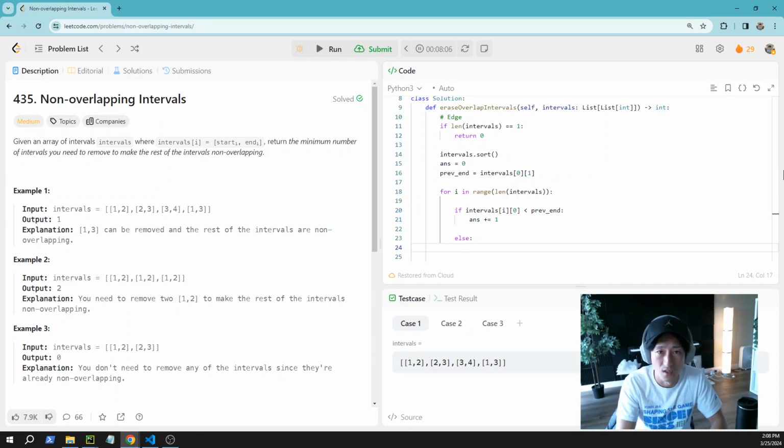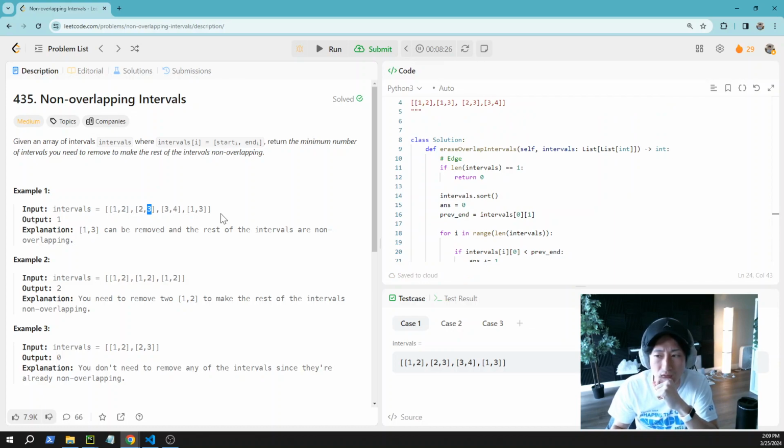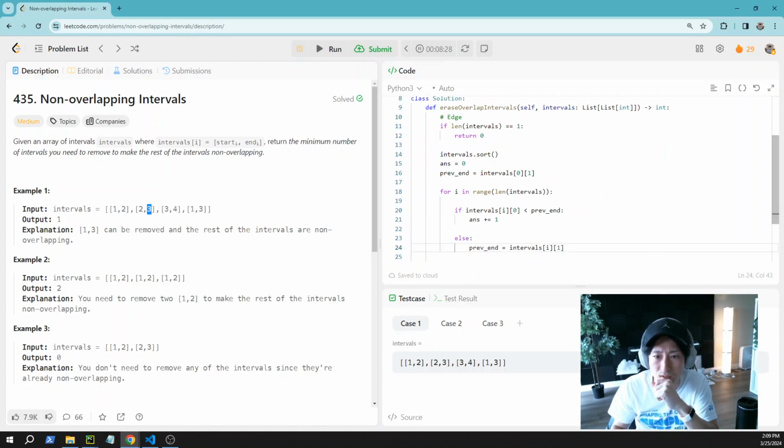Otherwise we don't have to remove anything, so I'm gonna just update the previous end with the current end. So when we remove one, I don't have to update, because if I update, because of sorting, that's going to be longer. I don't want to update with a longer one. The shorter one is better to avoid overlapping. So it makes sense to not update the previous ending.